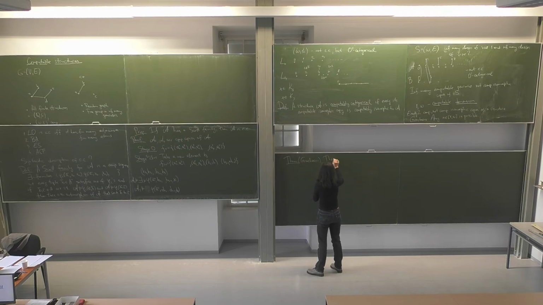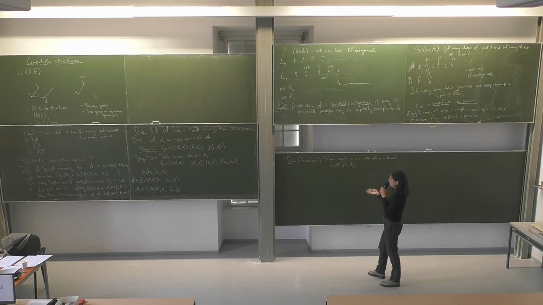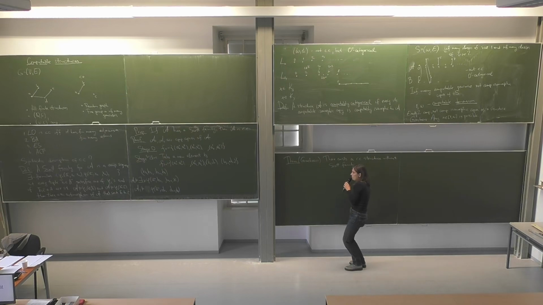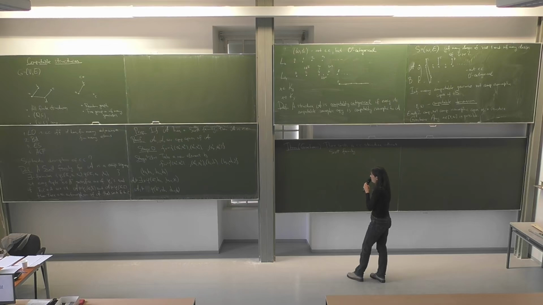There exists a computably categorical structure without a computable Scott family. Okay, and the way he does it is again the same. So he uses actually a result by Selivanov.